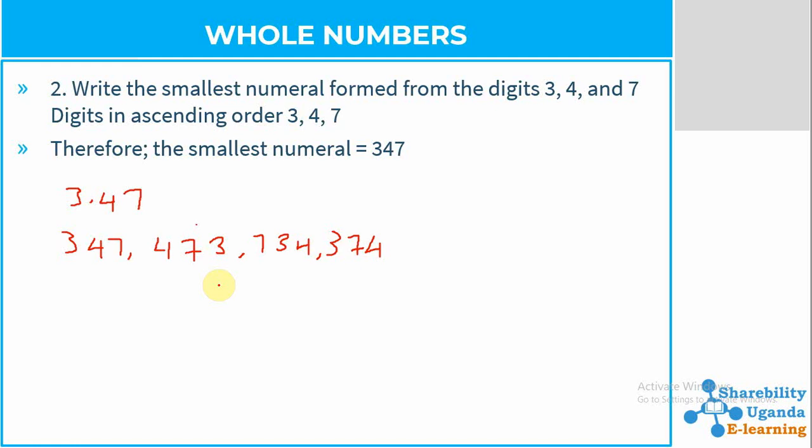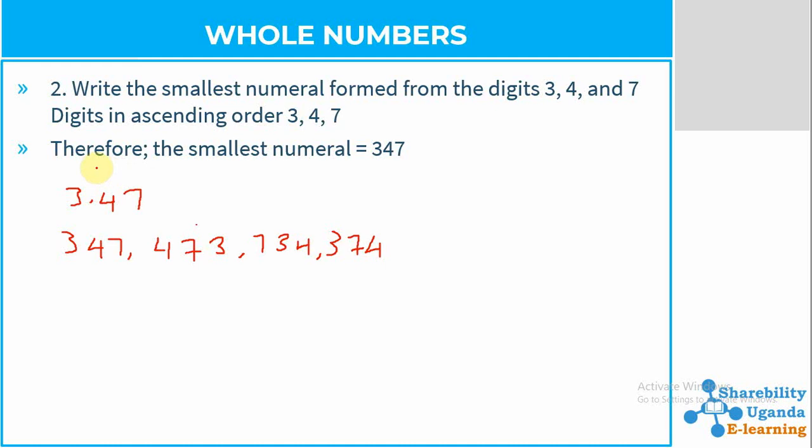When they want the smallest, you come and check out on this and see which one is the smallest. We have 347, 473, 7, then 374. So you look out in these digits and choose which one is the smallest, then you write it.